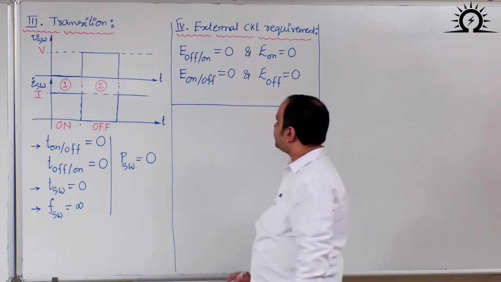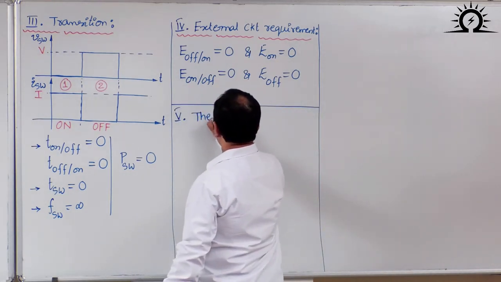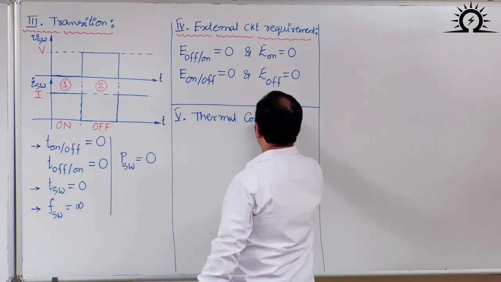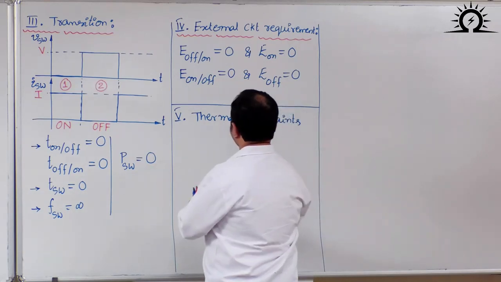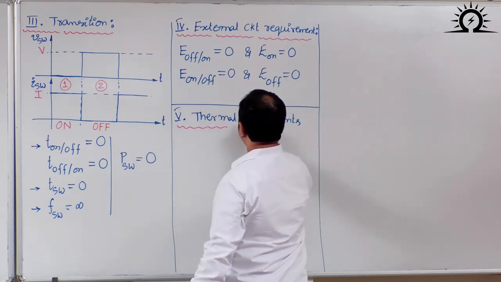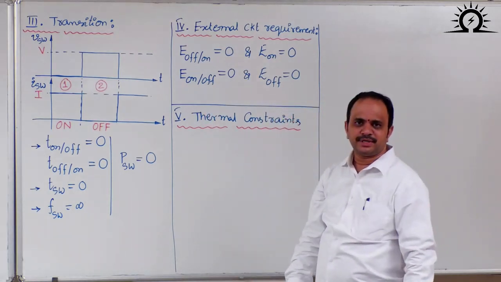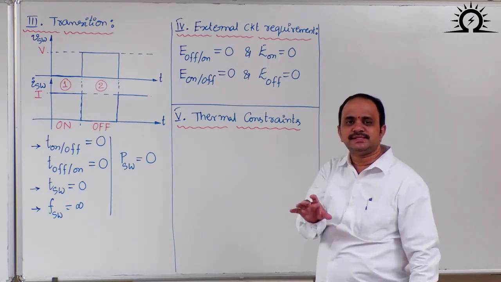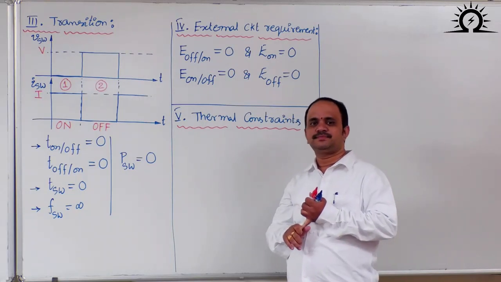Fifth important property is thermal constraints. Okay, thermal constraint. That means, now if you see the previous four properties, what we can say that when a switch is in the on state, conduction loss is 0.